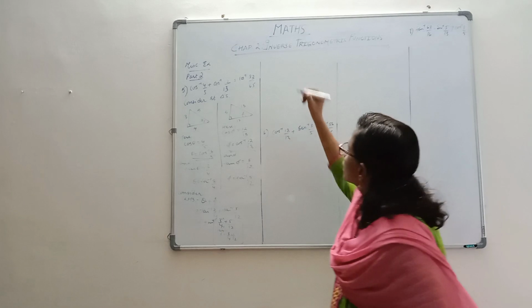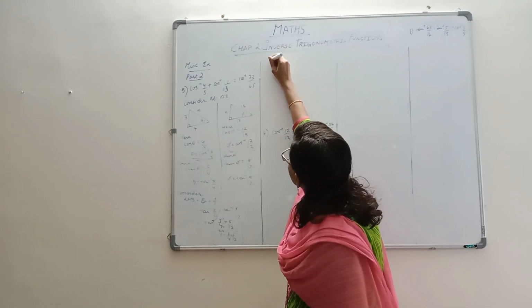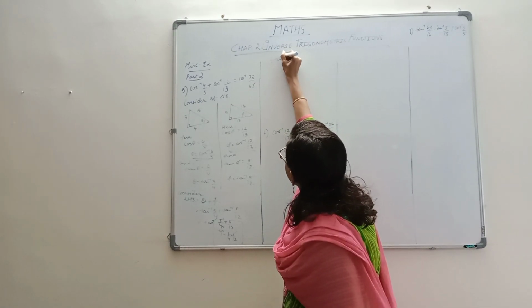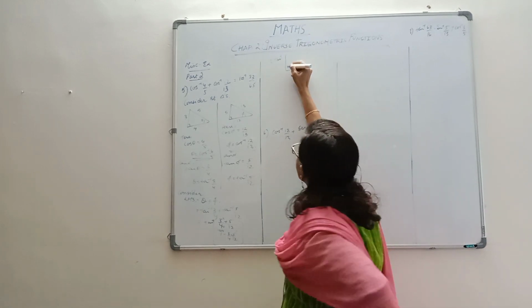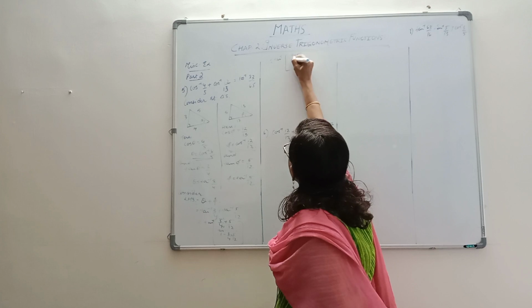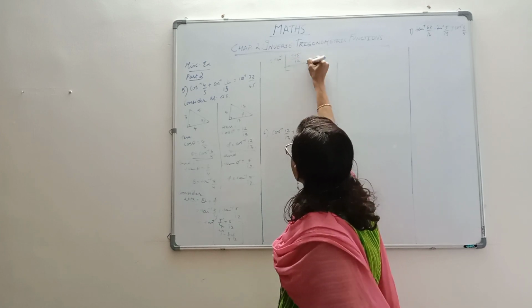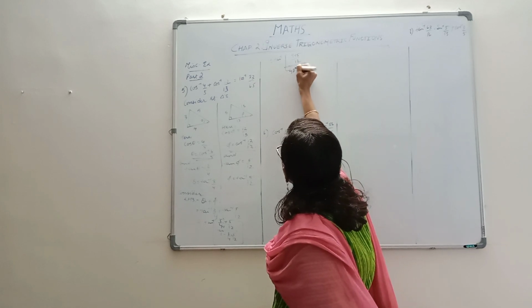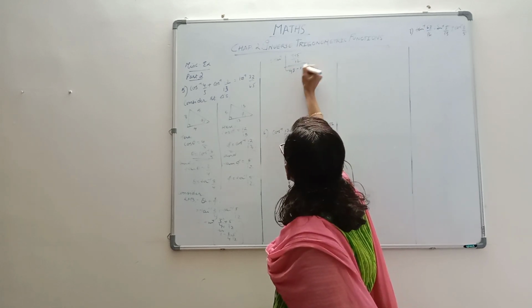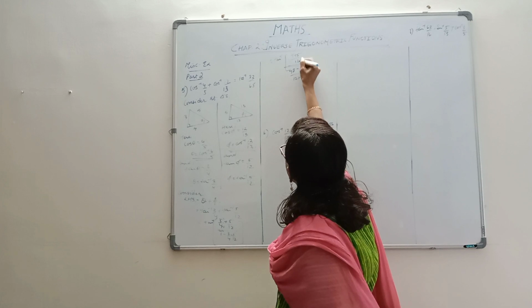This will become tan inverse of 9 plus 5 by 12, over 12 into 4 is 48 minus 15 by 12 into 4.